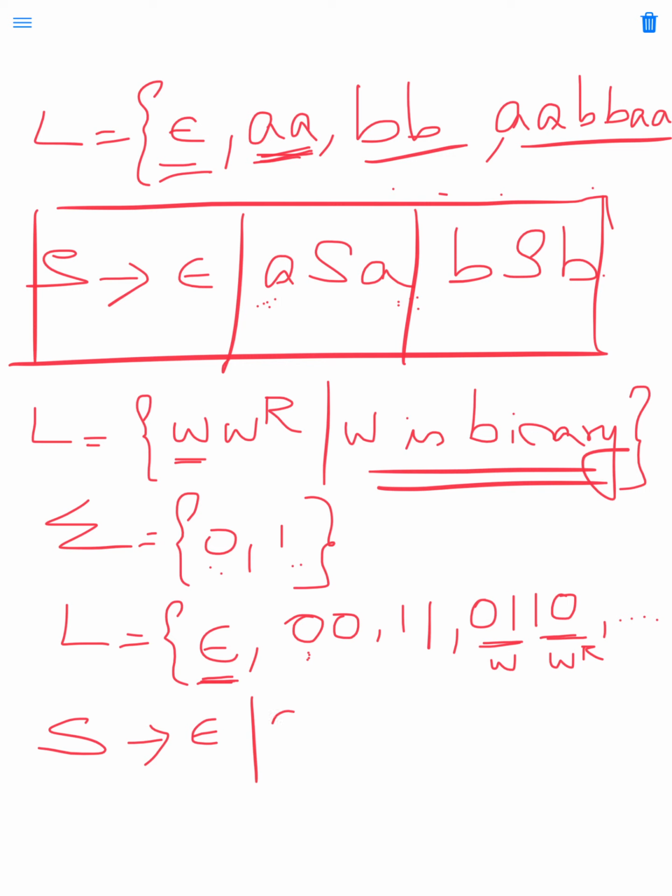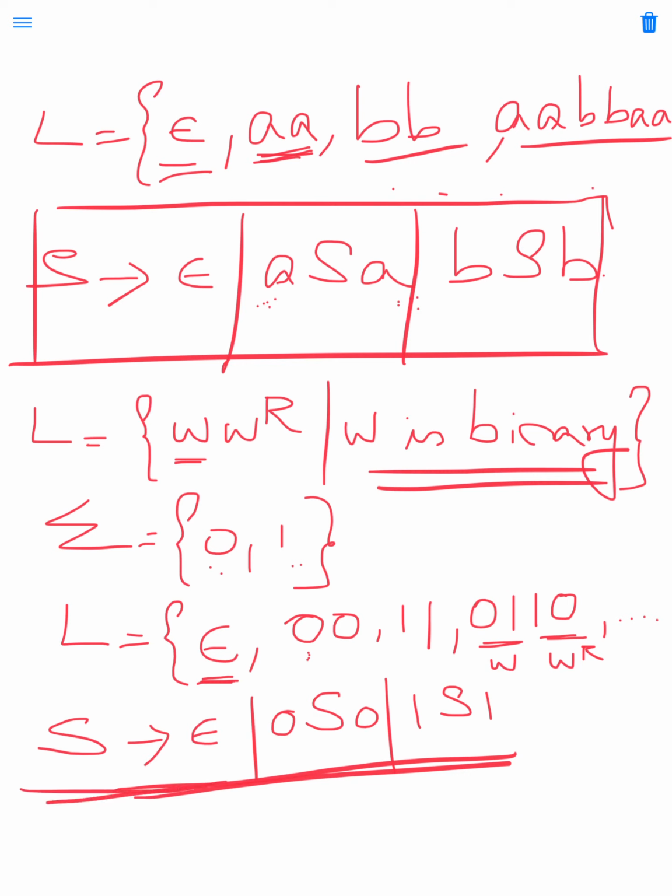So for that 0 S 0, 1 S 1. Here also it will be accepting even numbered strings. And if there is an additional question like it should accept odd numbered strings, the grammar can be changed by adding two more productions, 0 and 1.